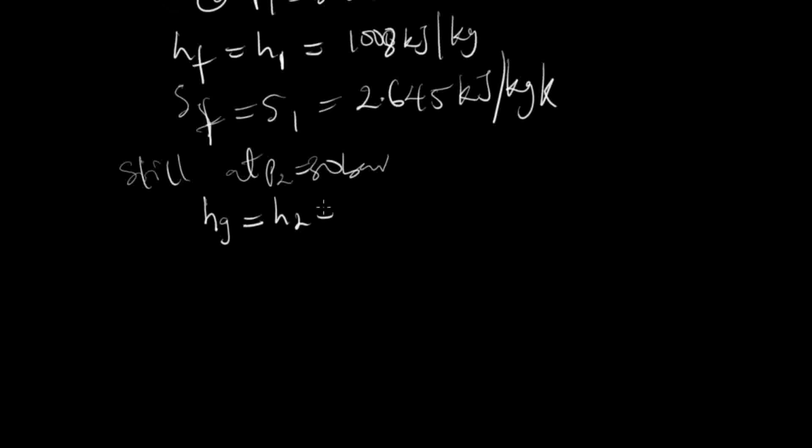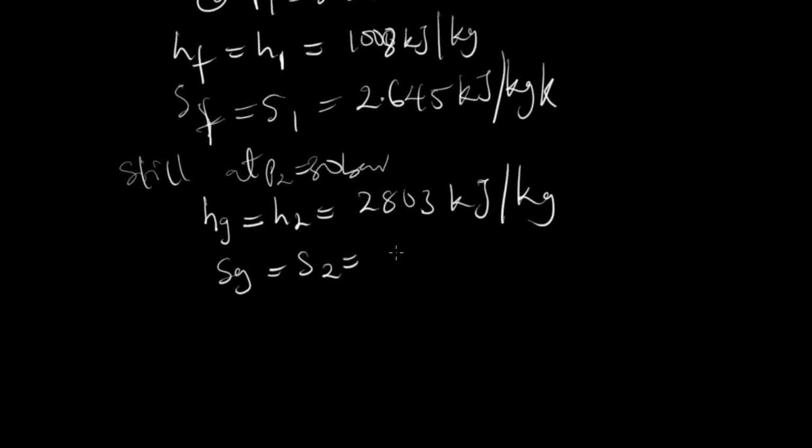That's your h2. What's the value? 2803 kilojoules per kilogram. Then find the sg, which is s2, and that is 6.186 kilojoule per kilogram Kelvin.